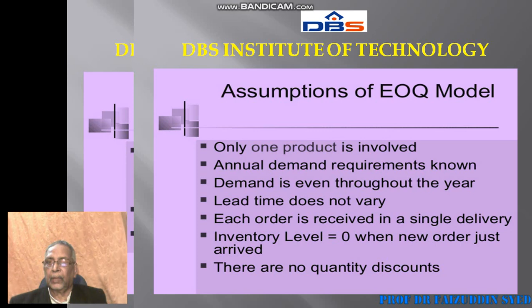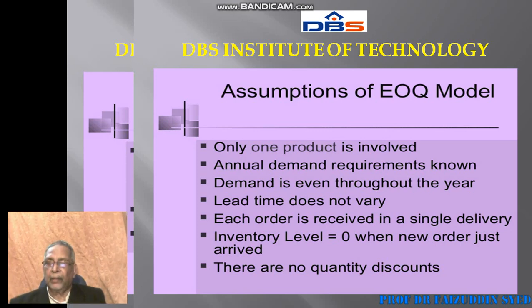So here the lead time does not vary, and each order is received in a single delivery, because we know how much of the material we need for a year. We'll order it only one time.